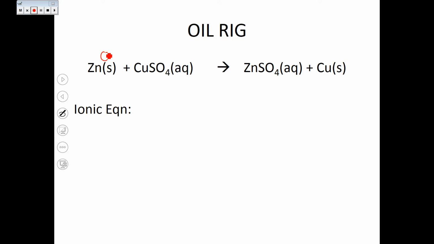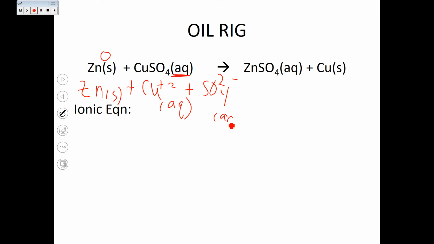So the first thing that we should do is write out the ionic equation. Zinc is a solid, so it's going to stay zinc solid. Copper is aqueous, so we're going to write it as Cu+2. Sulfate is SO4 2- aq. Over here, we're going to have Zn+2 and SO4 2- aq.